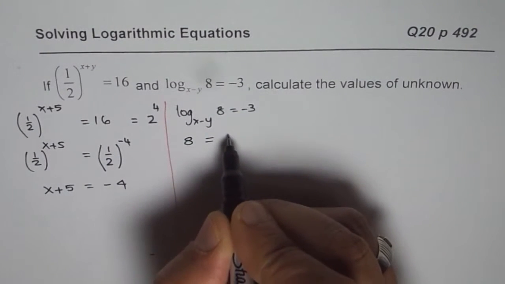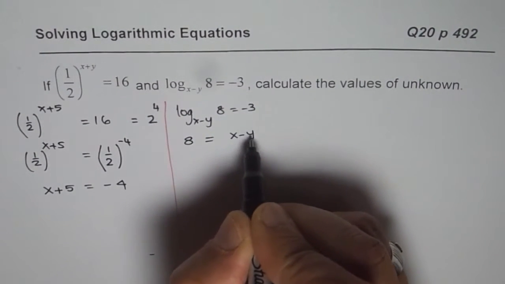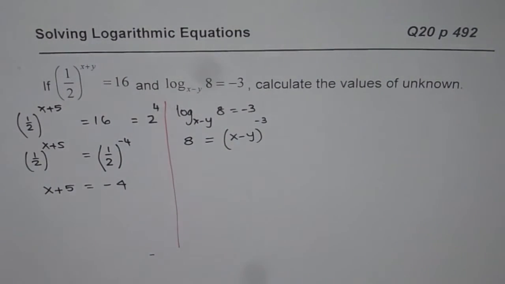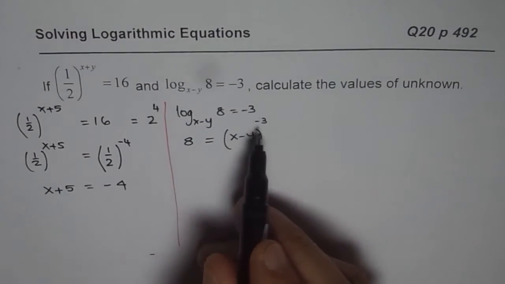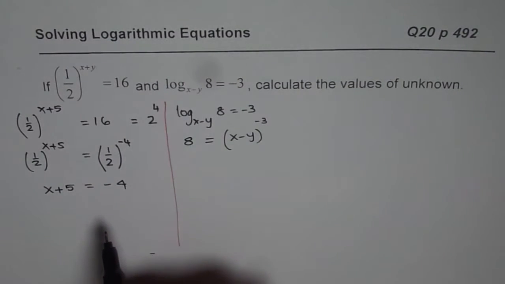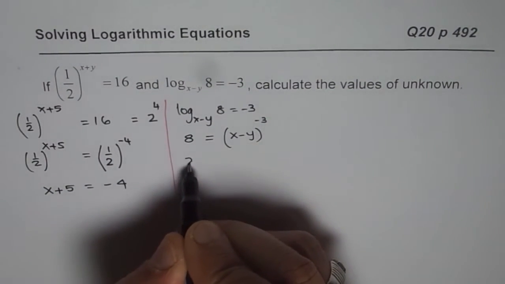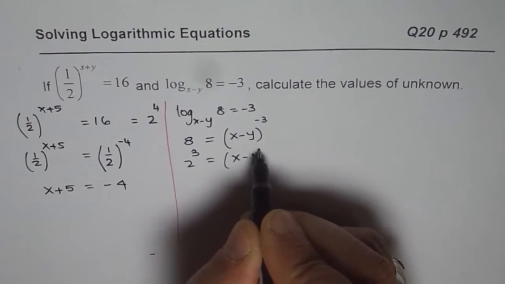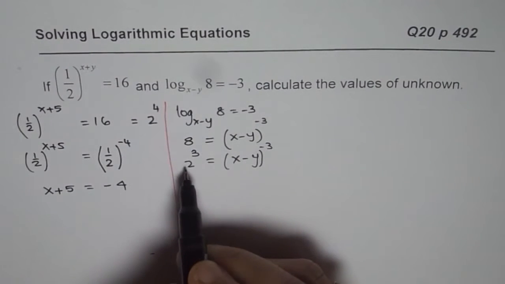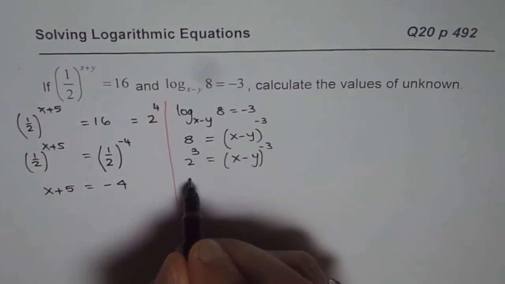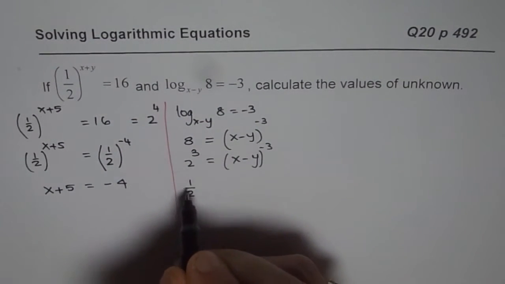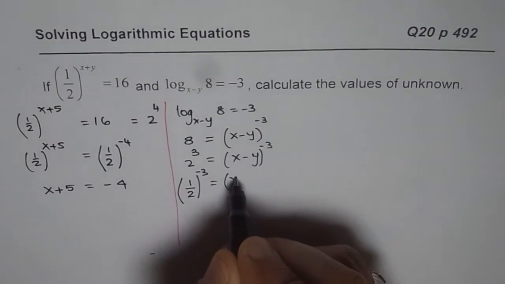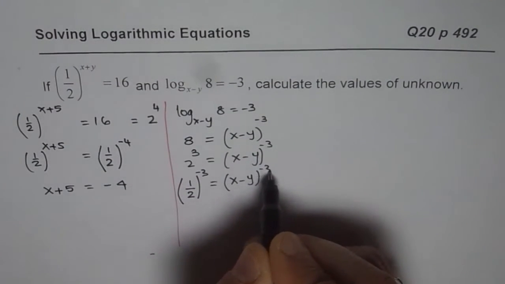So 8 will be equal to (x−y) to the power of minus 3. Now 8 could also be written as a power of minus 3. We know 2 to the power of 3 is 8. So first let me write this as 2 to the power of 3, and to make it negative I could write this as half to the power of minus 3. Is that okay? So that gives me the relation which I am looking for. Do you get the idea?